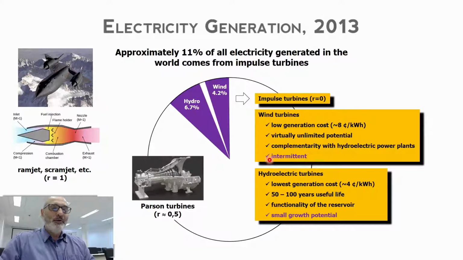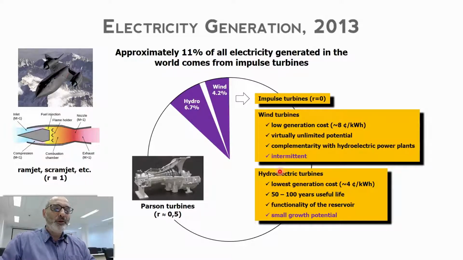A problem related to wind is its intermittency. Wind is an intermittent type of generation, and this poses a problem because you have to do something in order to supply a constant amount of electricity 24 hours a day. So you have to have some system, as I'm going to show you, in order to regularize this intermittent supply of energy, okay.